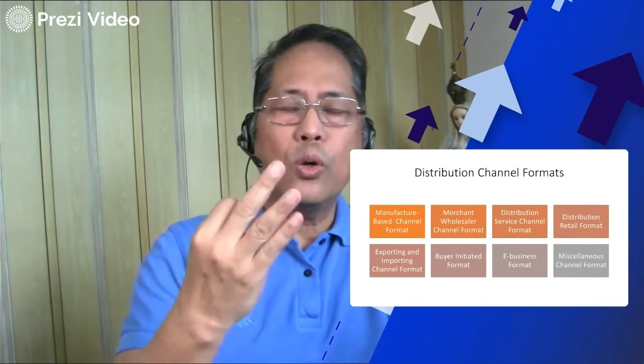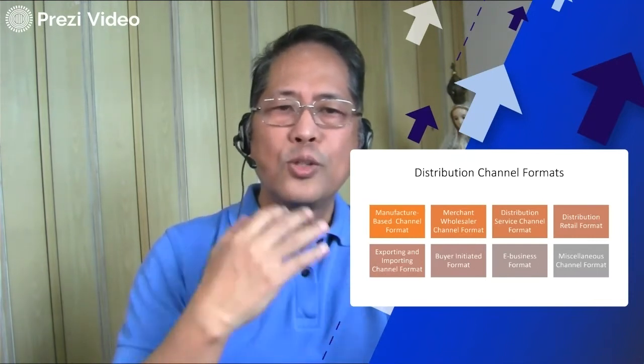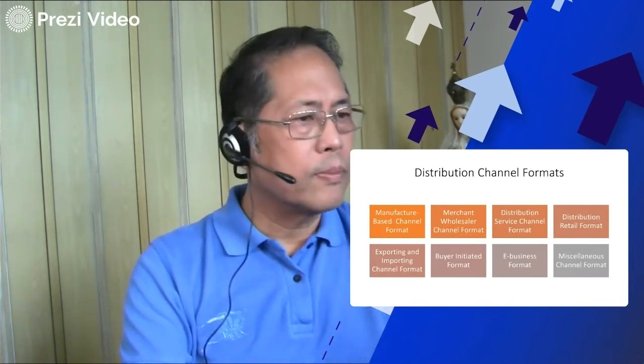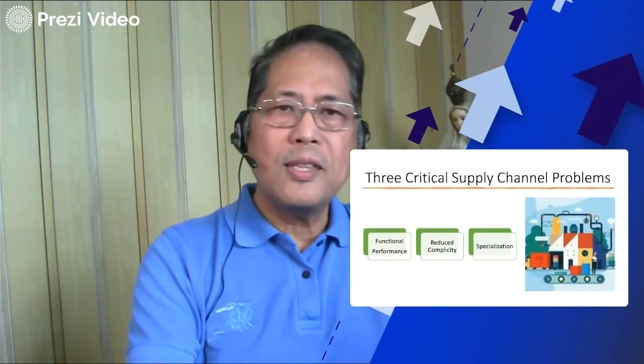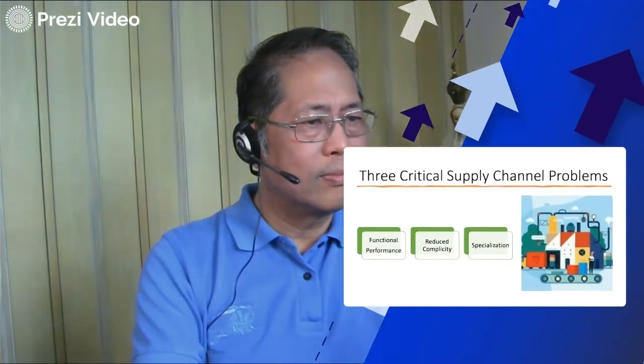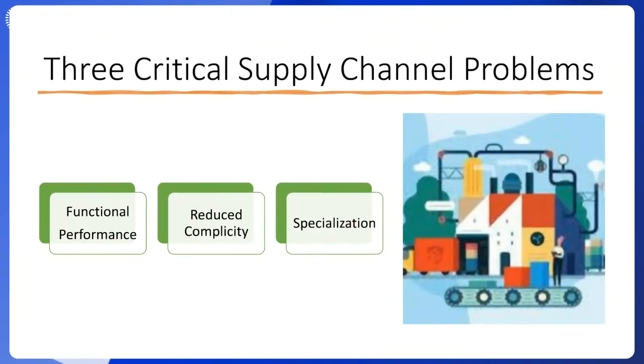Distributors solve three critical supply channel problems. And they are functional performance, reduce complexity, and specialization.